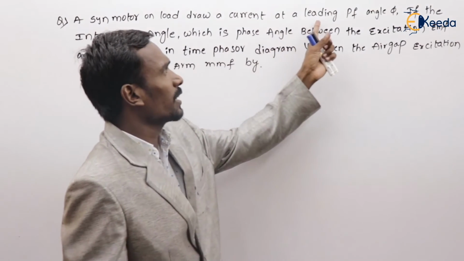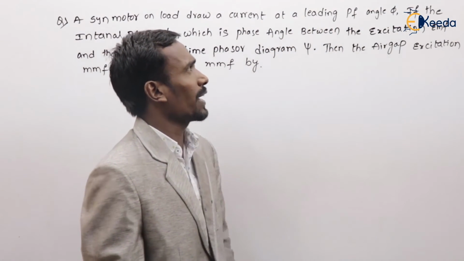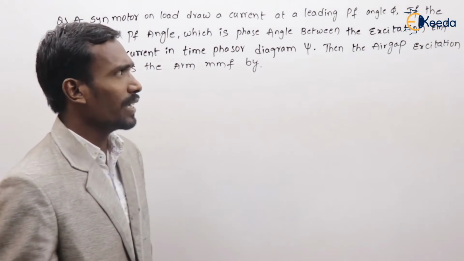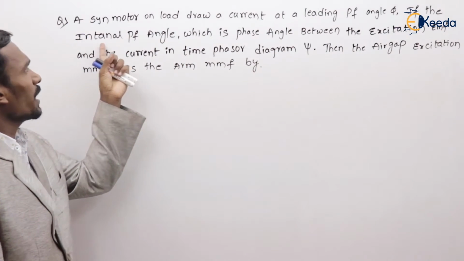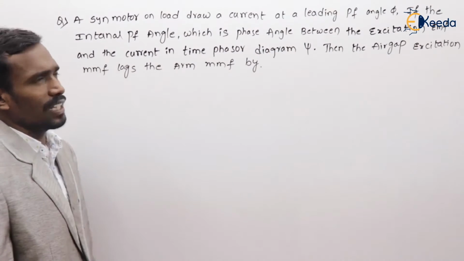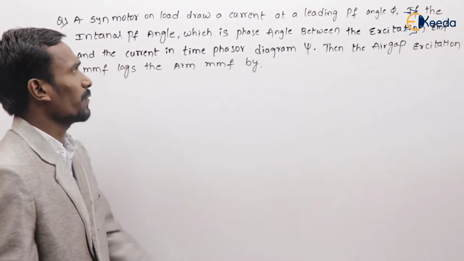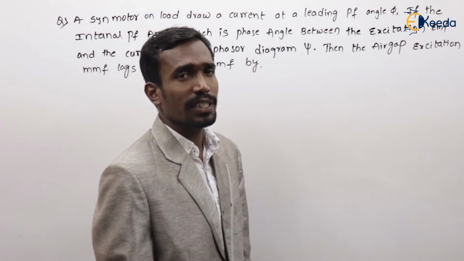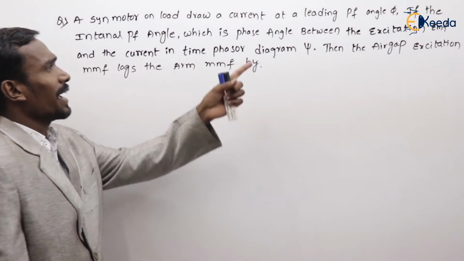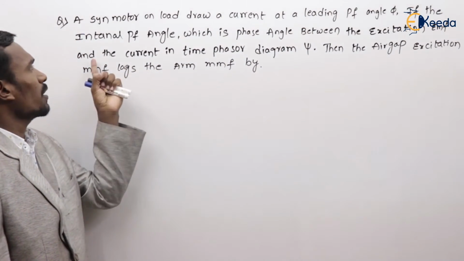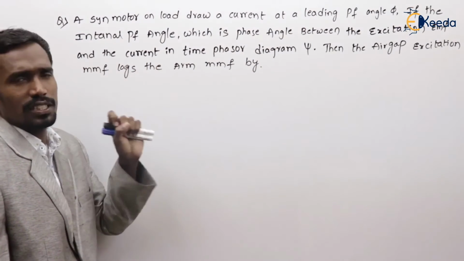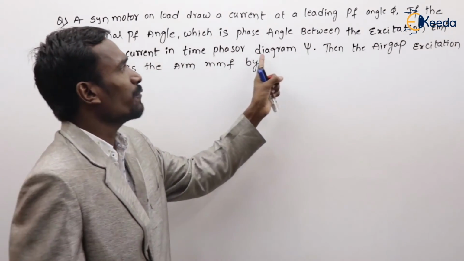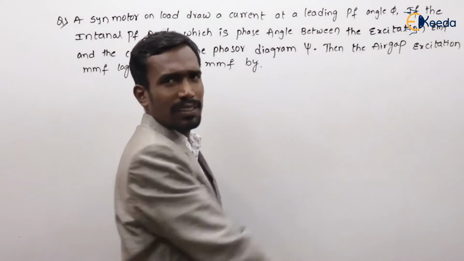Draw a current at a leading power factor angle phi. If the internal power factor angle, which is the phase angle between the excitation EMF and the current in the time phasor diagram, is psi.